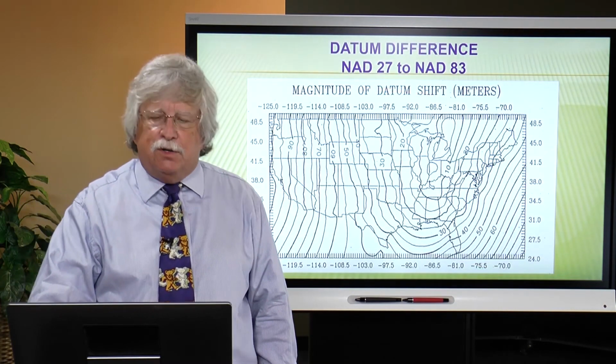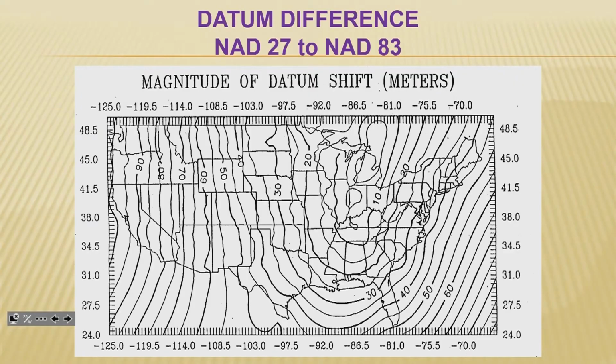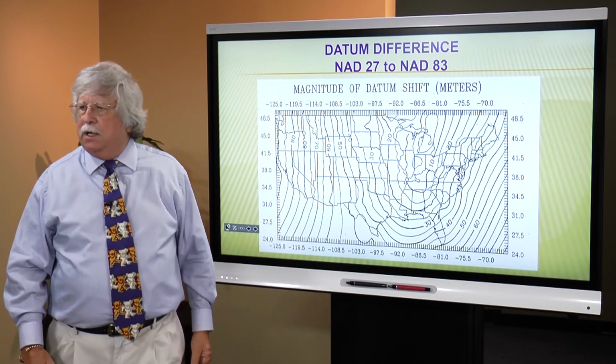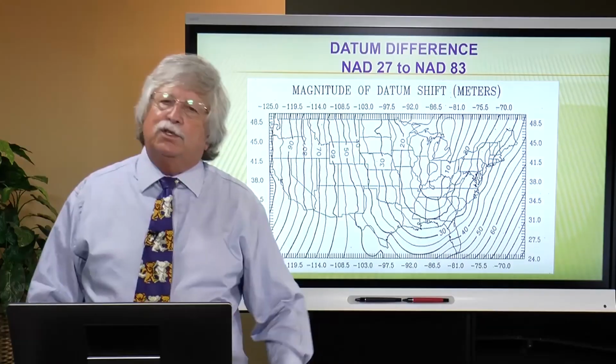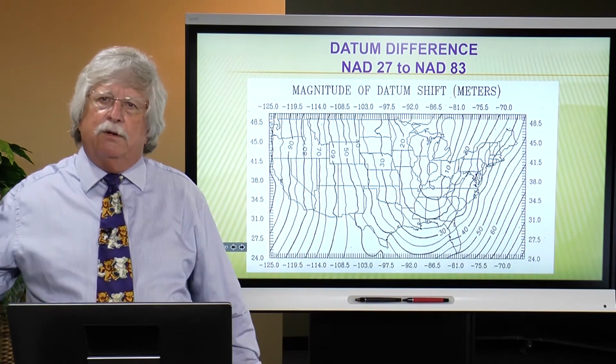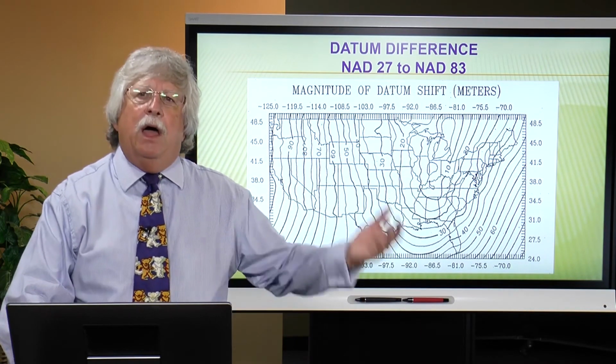So when we produce the NAD-83, we see a few differences. Positional differences in the United States amounting from about 10 meters in the area around the Great Lakes to over 100 meters in California, over 200 meters in Alaska, Puerto Rico, and the Virgin Islands, and over 400 meters in Hawaii.